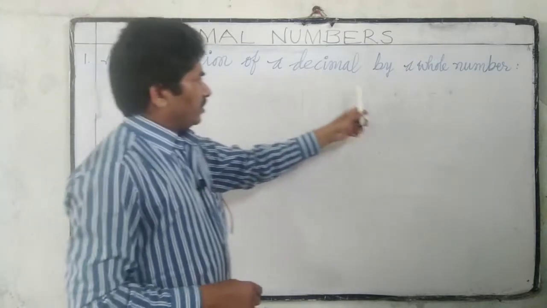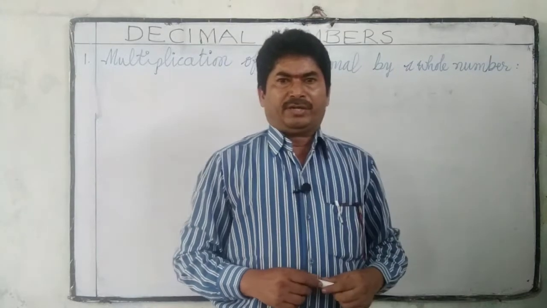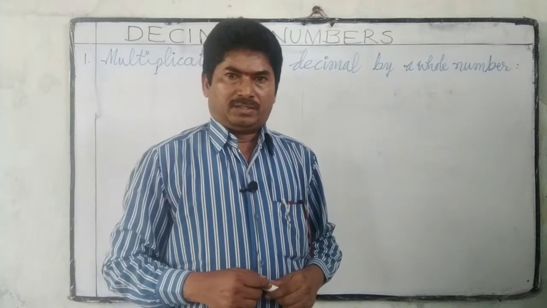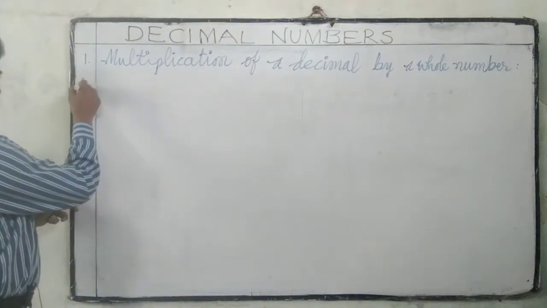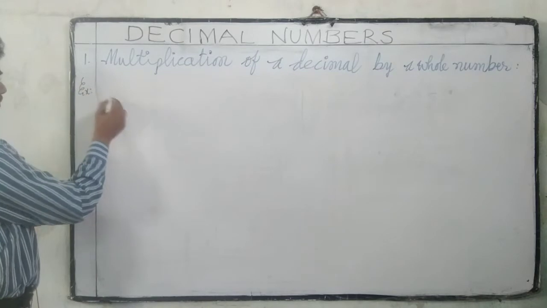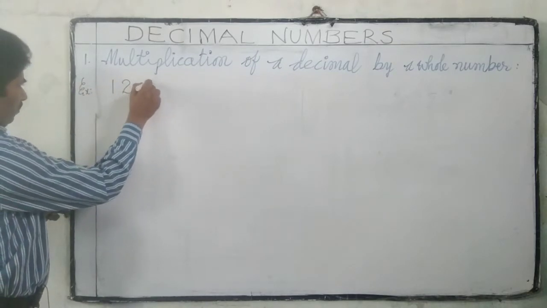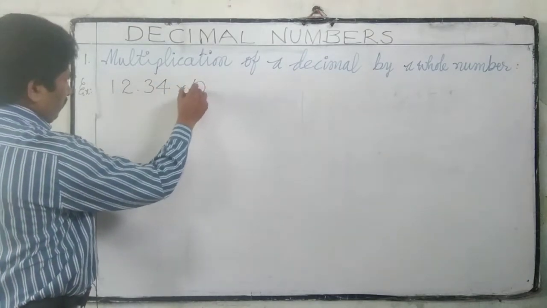Multiplication of a decimal by a whole number. To understand multiplication of a decimal by a whole number, let us observe an example. 12.34 into 5.